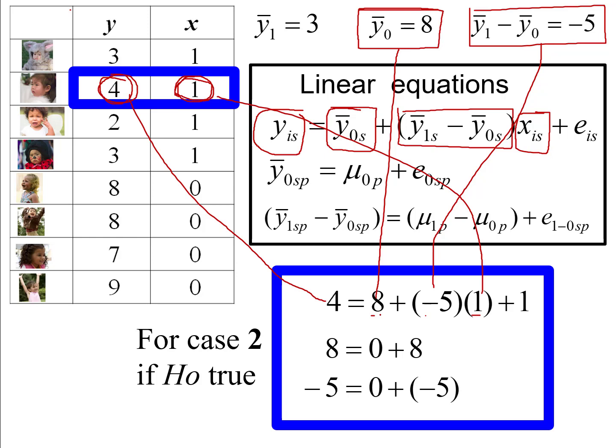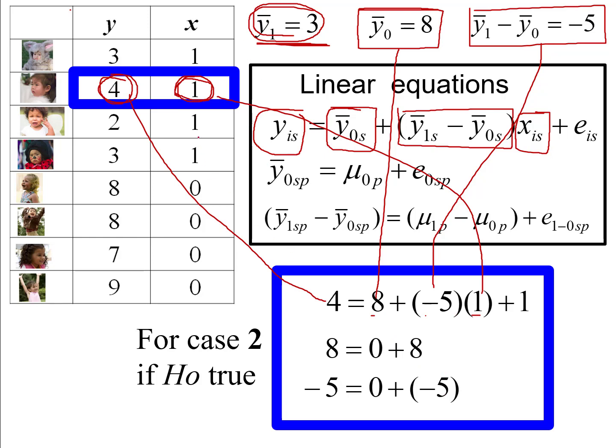And her predicted score is actually going to be equal to her group mean. So if she's in group 1, the mean for group 1 is going to be a 3, so that will be her predicted score, because this equation works so that everyone's predicted score is going to be the same as the mean for whatever group they're in. So someone in group 1, her predicted score is going to be a 3. The mean for group 1 was a 3, so her predicted score is a 3. Or if we take 8 plus -5 times 1, we get 3.